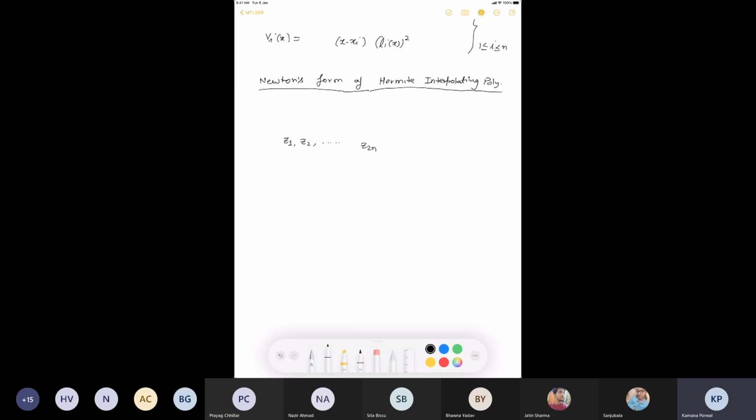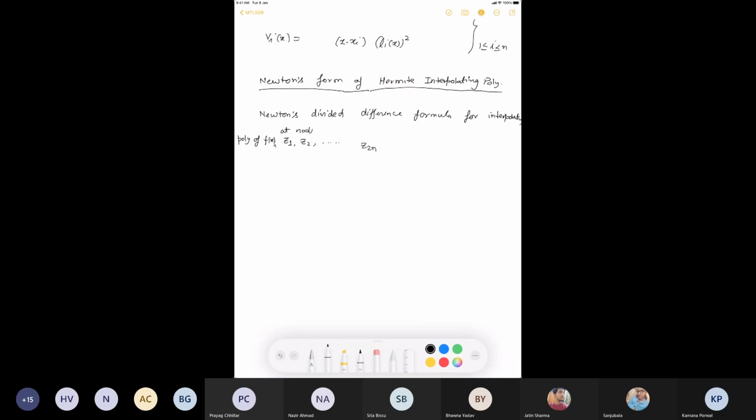Okay, and let's write down the Newton's divided difference formula for the interpolating polynomial of f(x) at these nodes.